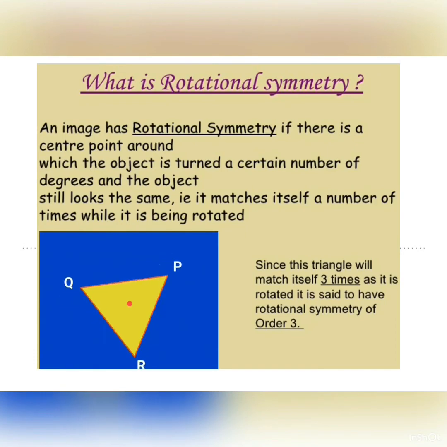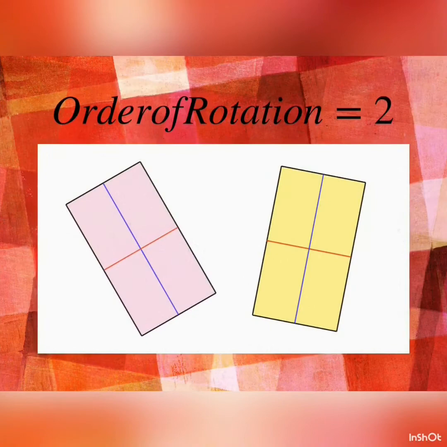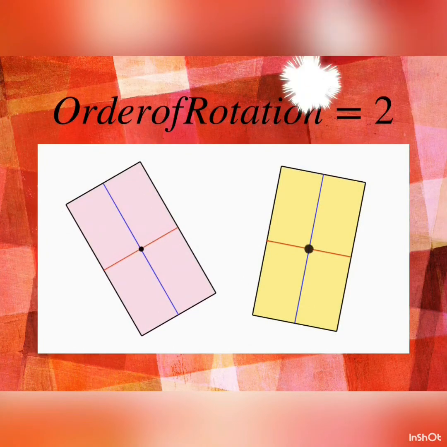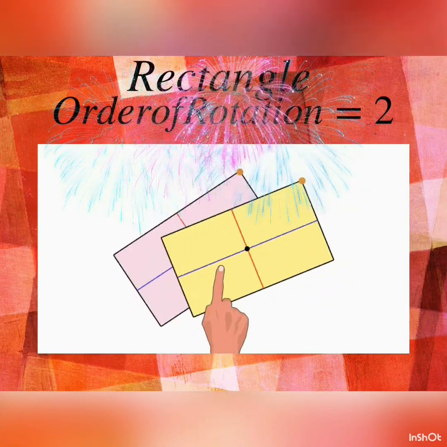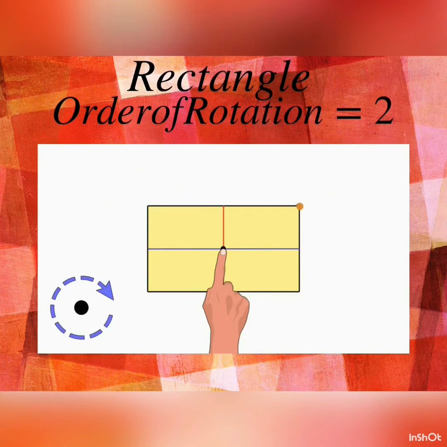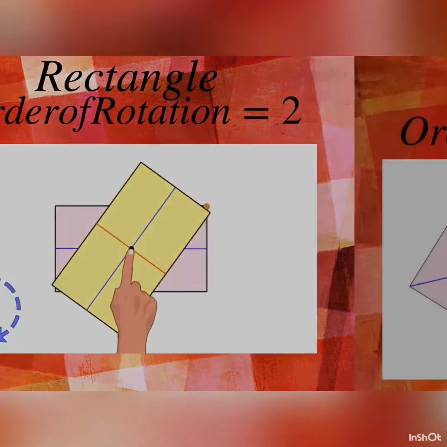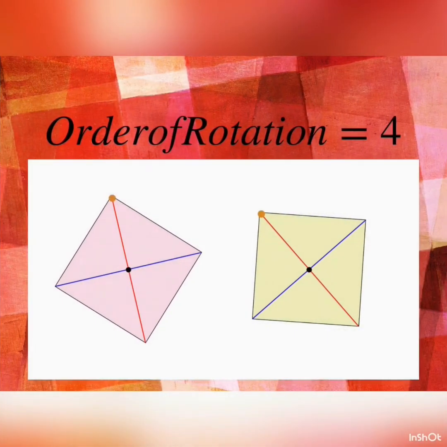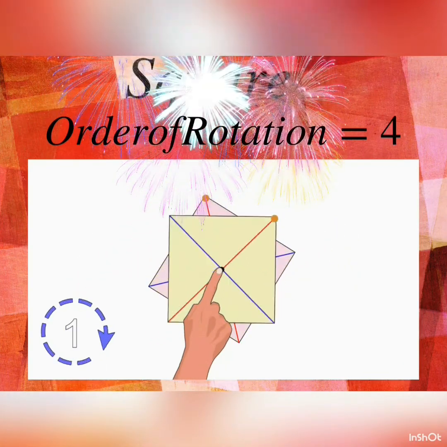Since this triangle matches itself 3 times as it is rotated, it is said to have rotational symmetry of order 3. The triangle looks exactly the same if it is rotated through the angle of 120 degrees, 240 degrees and 360 degrees.